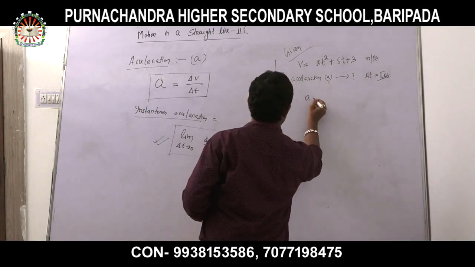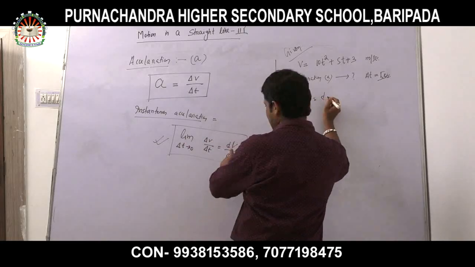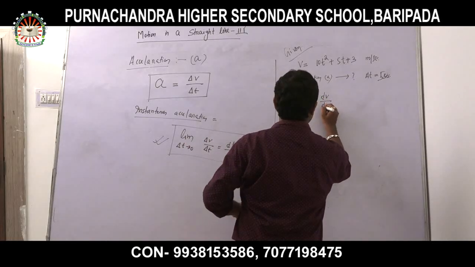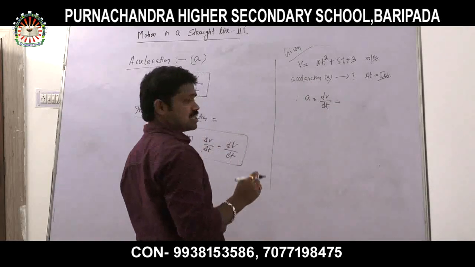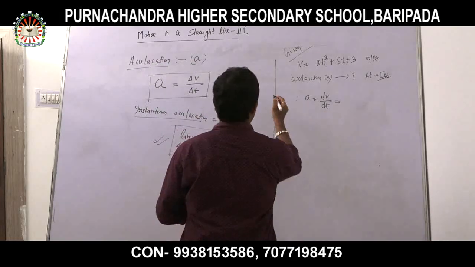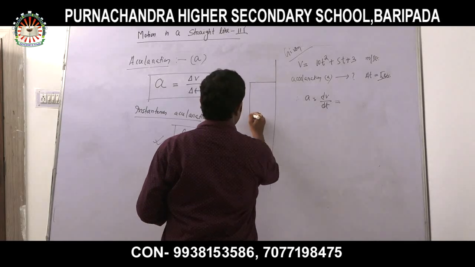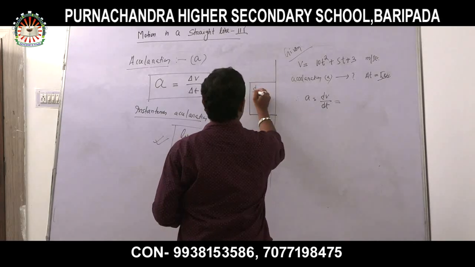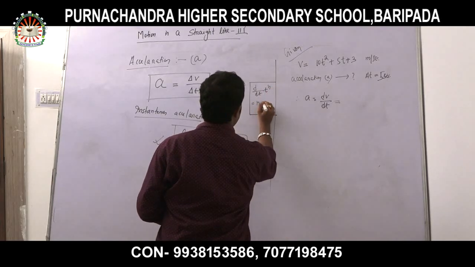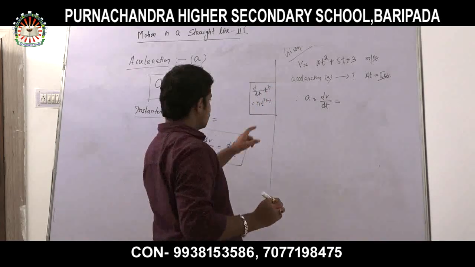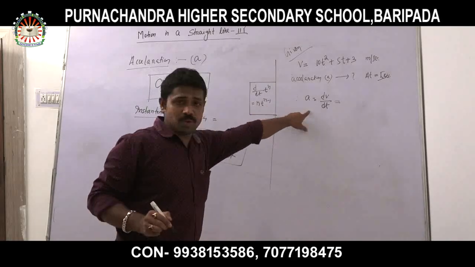So there, acceleration a, the formula for instantaneous acceleration is dv by dt. So the same formula I have to use. What is the formula? Just I have discussed that formula. d by dt of t to the power n is n t to the power n minus 1. This is my formula. I have to apply this formula here.